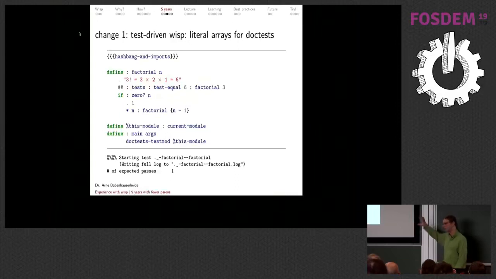Now in Wisp, and this actually also works in Guile now in normal scheme, you can just define these doc strings and they are normal code. So you write them like you would write the code for that. No difference between your code, your doc test and so on, it just works. But for that I needed this extra syntax here.